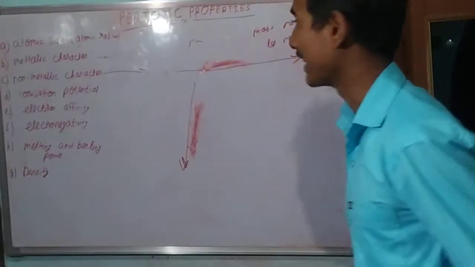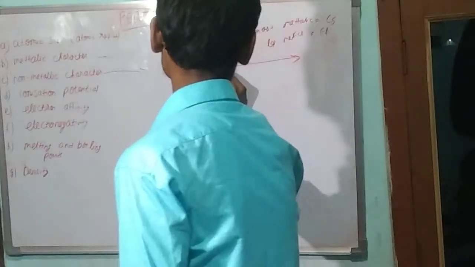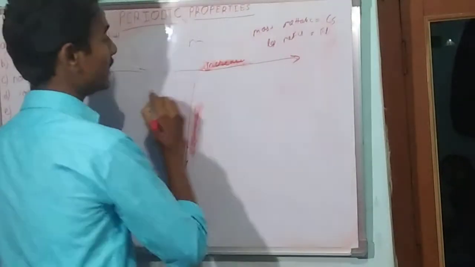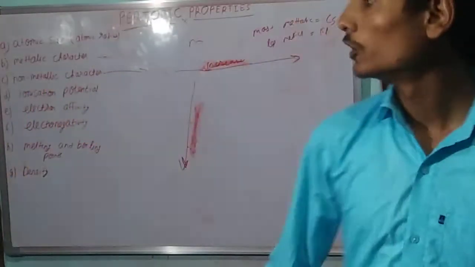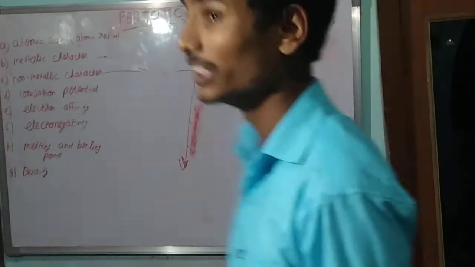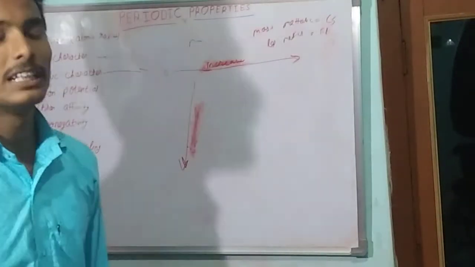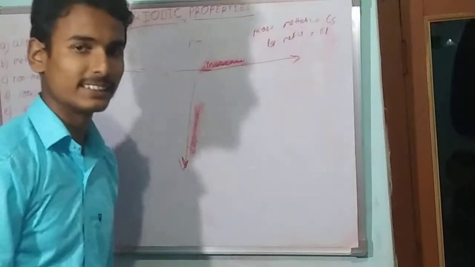Non-metallic character, how does it vary across the period or down the group? Non-metallic character increases across the period. Why? Because the number of shells remains the same, the number of valence electrons in the outermost shell increases, and the nuclear charge increases.